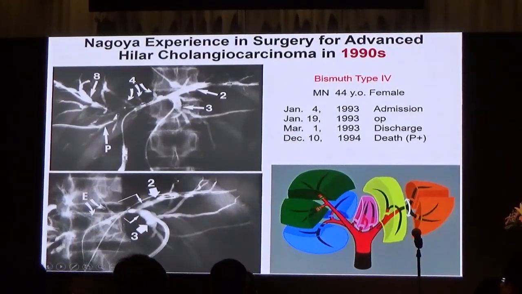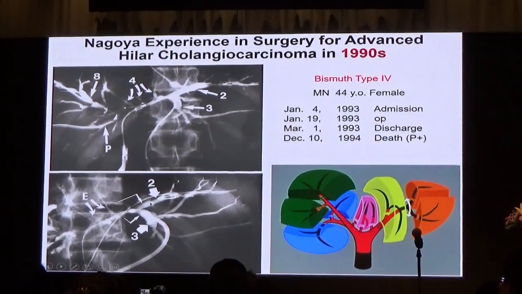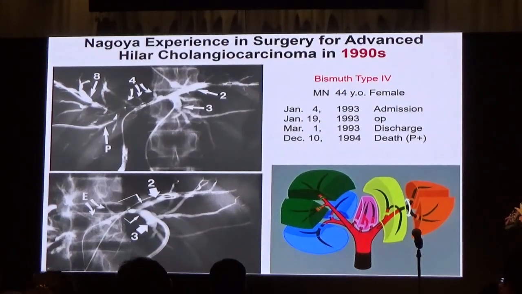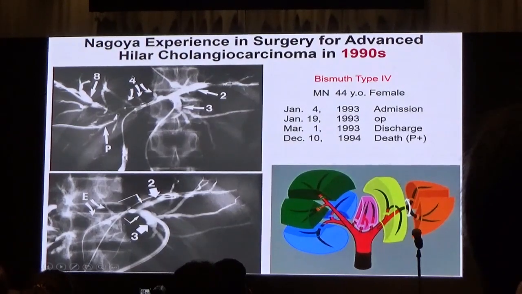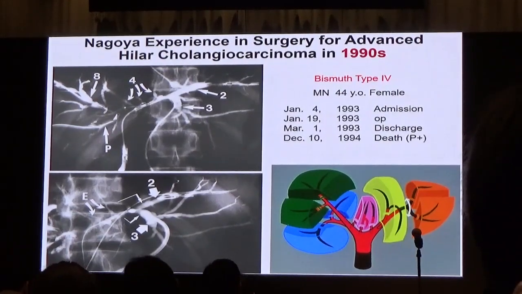However, when we take selective cholangiography of the left lateral sectional duct here, cancer progress is defined proximally to the confluence of segment 2 and 3 ducts. Therefore, from these findings, I decided to perform the right trisectionectomy after right portal vein embolization.